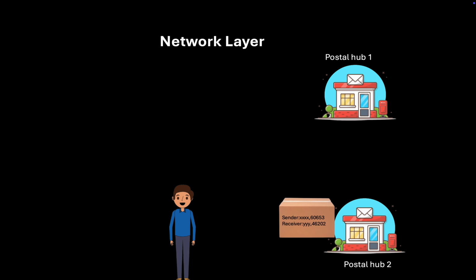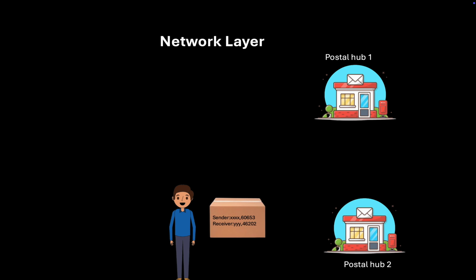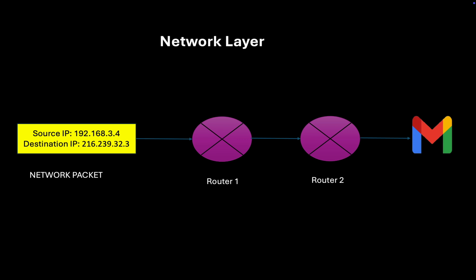Whatever post we are sending, it will get routed to different postal hubs in between before reaching the receiver, because in every postal hub, some process will happen and then they will reroute it. Similarly, we have routers. In the network layer, it will assign the IP addressing. It is basically called a network packet, in which we have a source IP and destination IP.